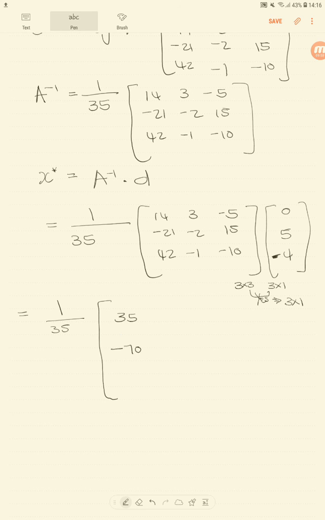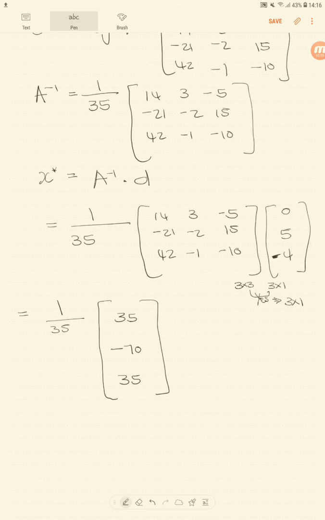And finally, row 3 times column 1 is 42 times 0 plus minus 1 times 5 plus minus 10 times minus 4 is equal to 35.